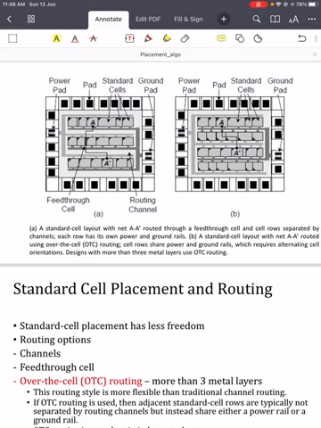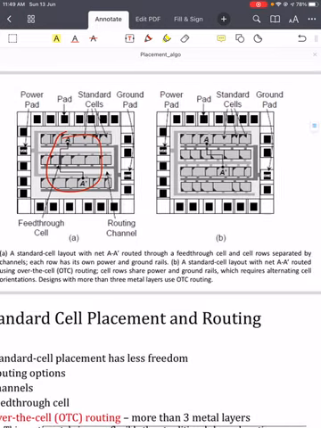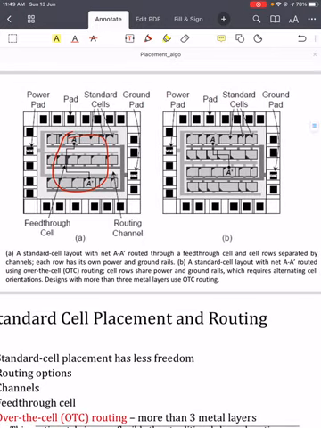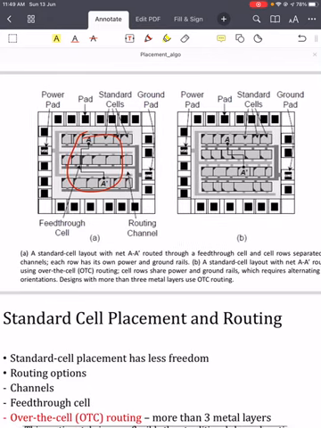So here is an example of a standard cell layout with net A and net A dash routed through feed through cells. You can observe over here that net A dash is routed through a feed through cell, and the cell rows are separated by channels, and each row has its own power and ground rails.